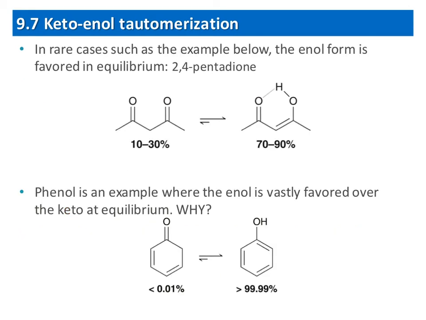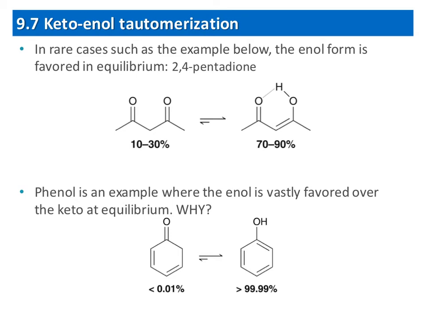We have a couple of exceptions where the enol is favored, not the ketone. In the first example, we have a diketone, so it forms an enol, and the enol part will interact with the oxygen in the carbonyl through hydrogen bonding, which stabilizes the molecule a lot.